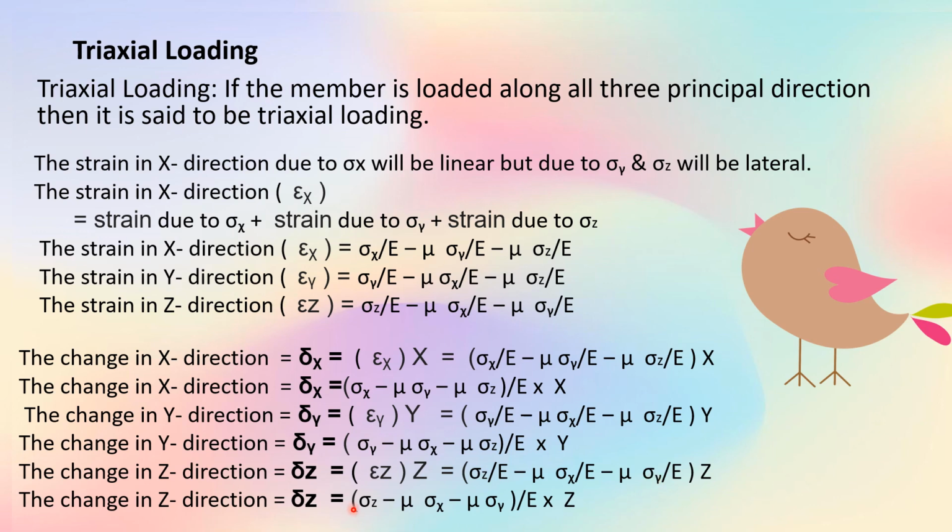So delta z is equal to bracket open sigma z minus mu sigma x minus mu sigma y bracket close divided by E into z. This z is length in the z direction.